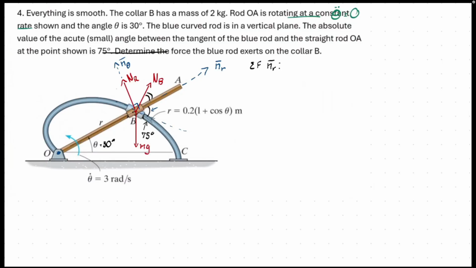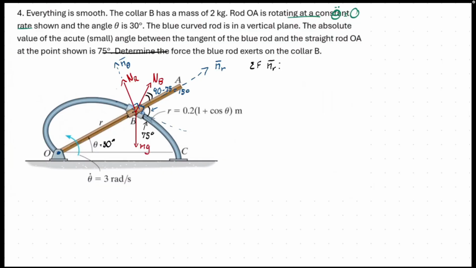Since this tangent line and this NB line have to make 90 degrees, because that's the definition of the normal direction, the normal direction is perpendicular to the tangent of the blue bar. Then we can figure out this angle by doing 90 minus 75, and it's going to be 15 degrees. So that's 15 degrees, and then in our NR direction, that is going to be a cosine.